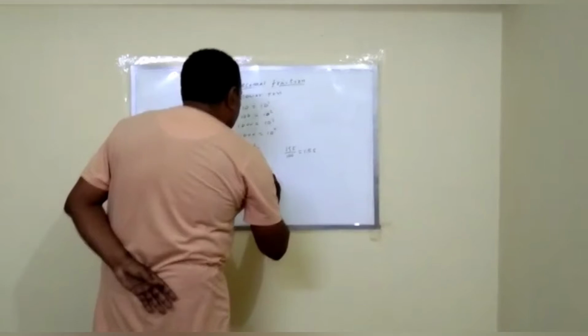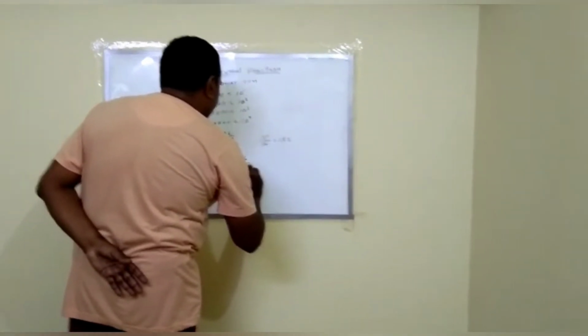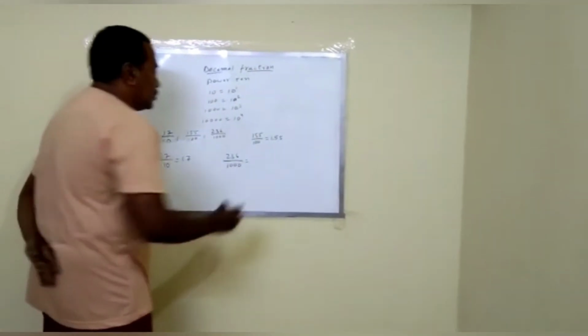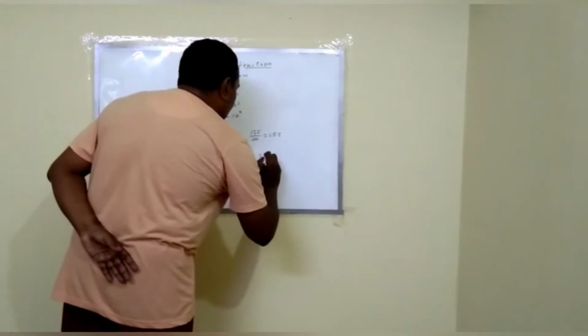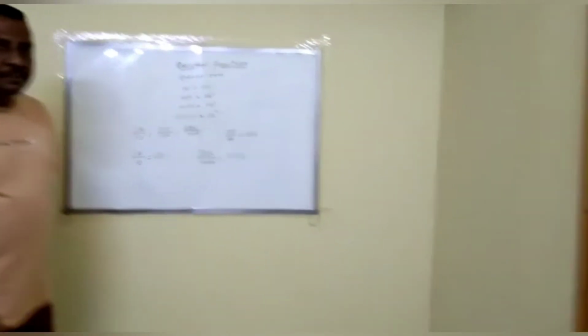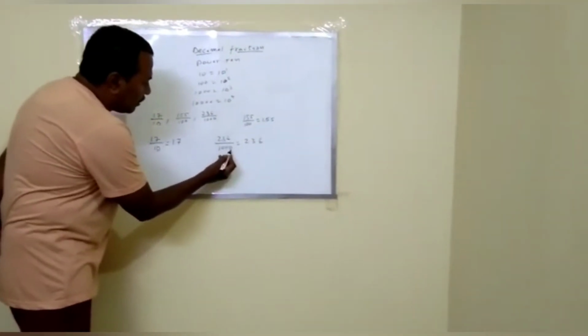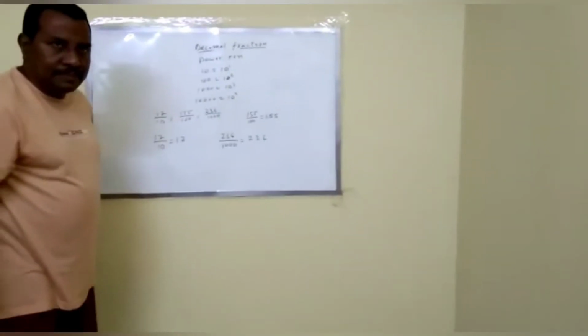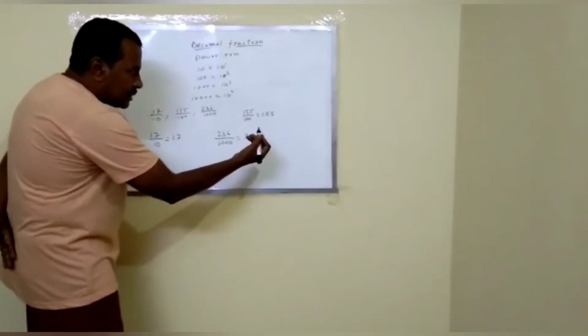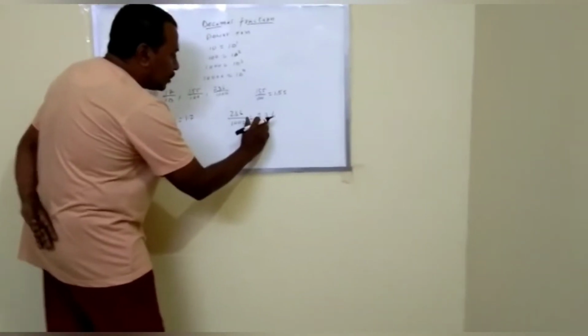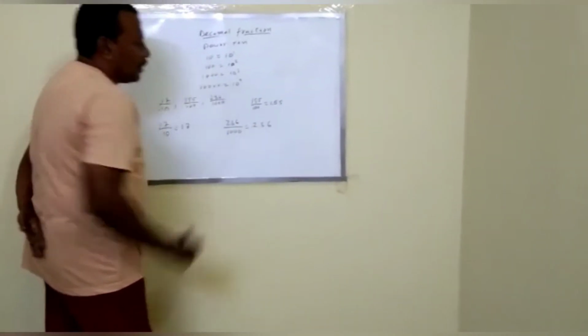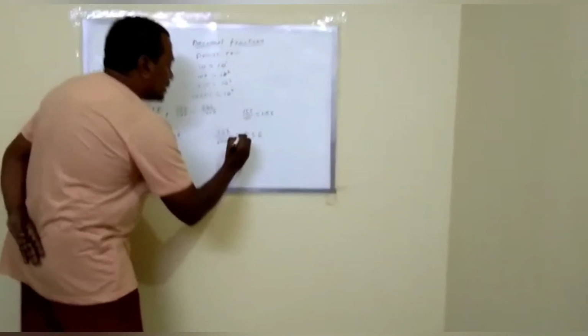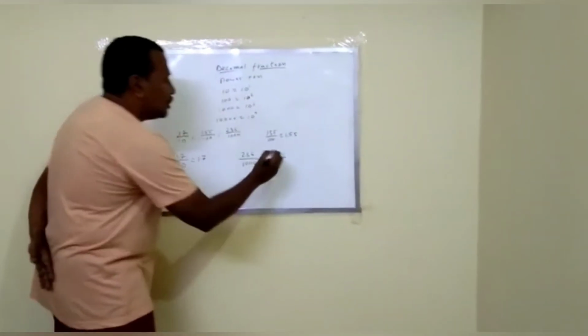Similarly, 236 by 1000. Write the numerator 236 and observe the denominator: it contains 3 zeros. From the right, count 3 digits, 1, 2, 3, and keep a decimal point. So it is 0.236.